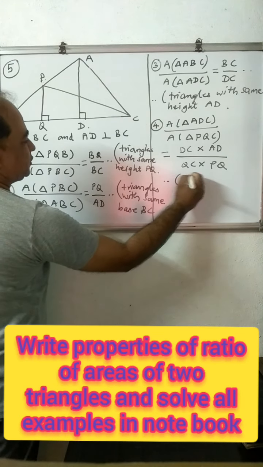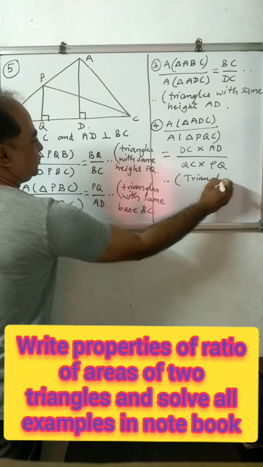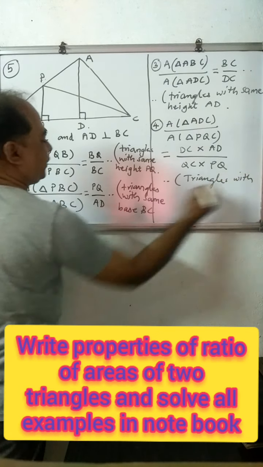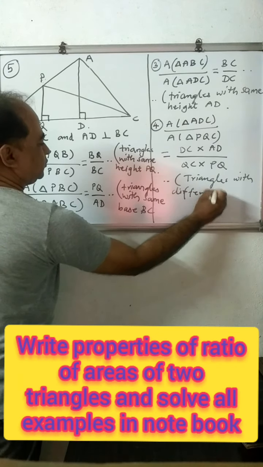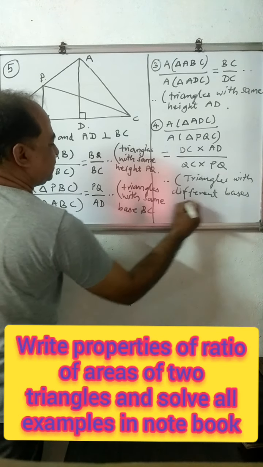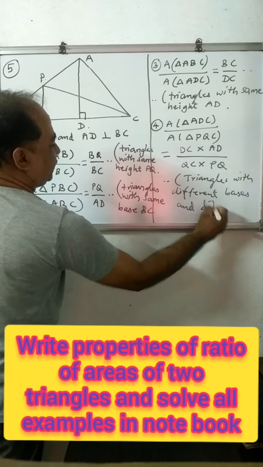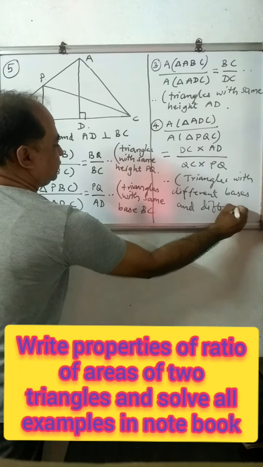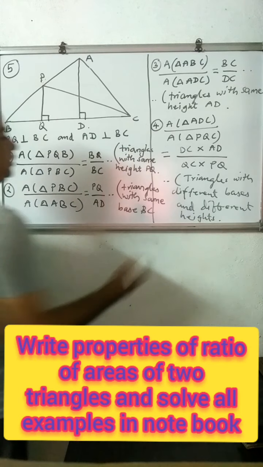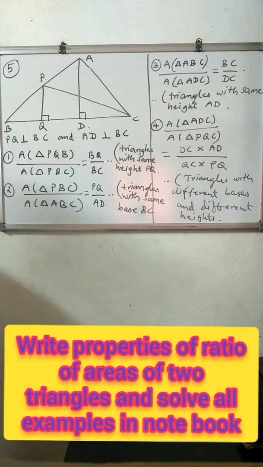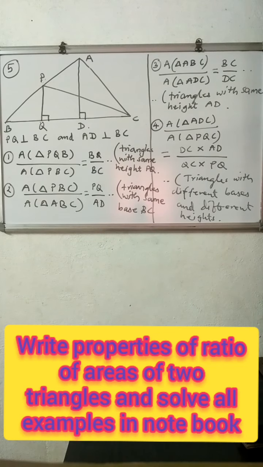Reason: triangles with different bases and different height, ratio is equal to the product of their corresponding base and height. All of you take down all these examples in your notebook.